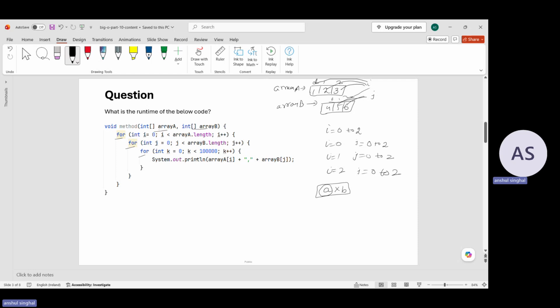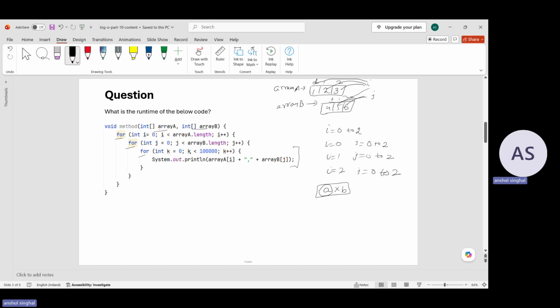Because if you look at the third for loop, we do not have any dependency on i or j, in the sense that we are not iterating through array A or B in the third for loop. This third for loop runs in constant time.